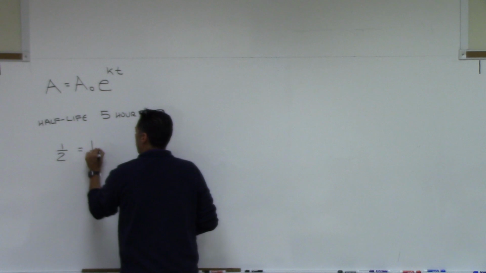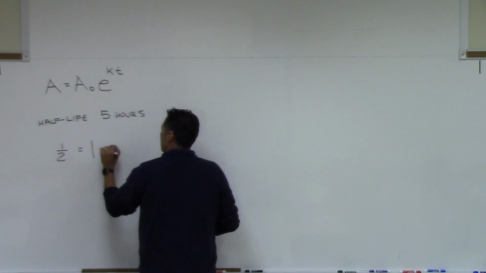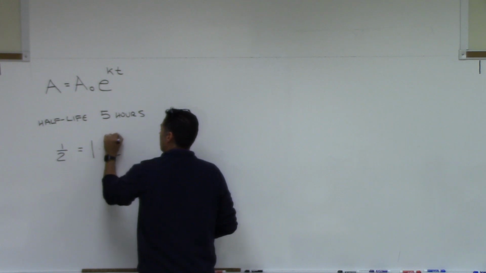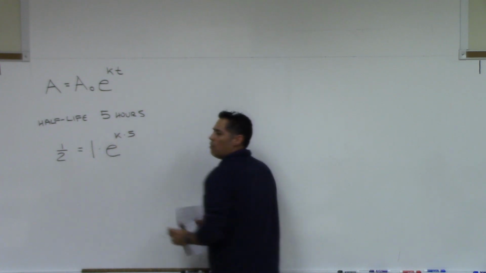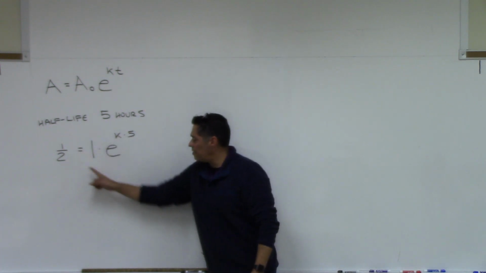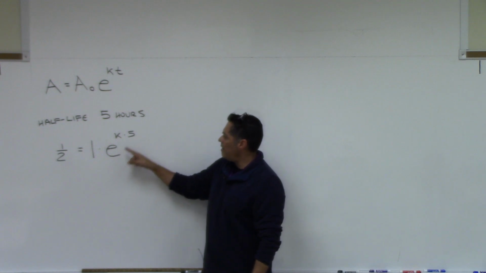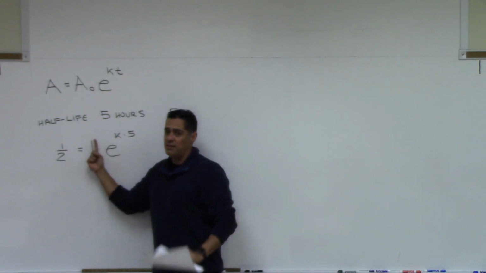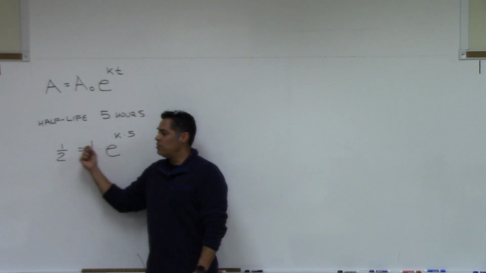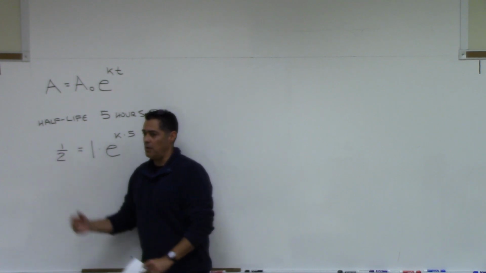This number becomes 1. This is e to the what? k. What goes in for t? 5. What this line is saying is that after 5 hours, you've gone from 100% of the alcohol you consumed to 50% or half, all right?